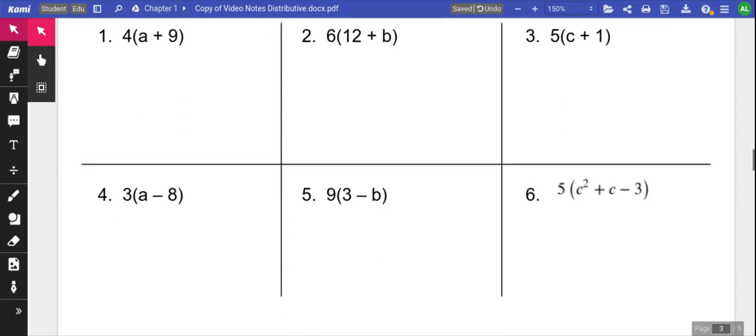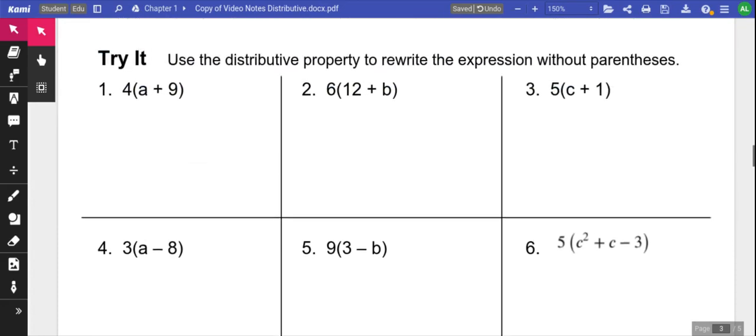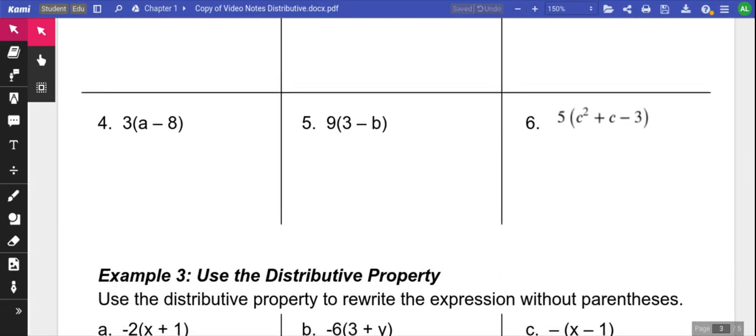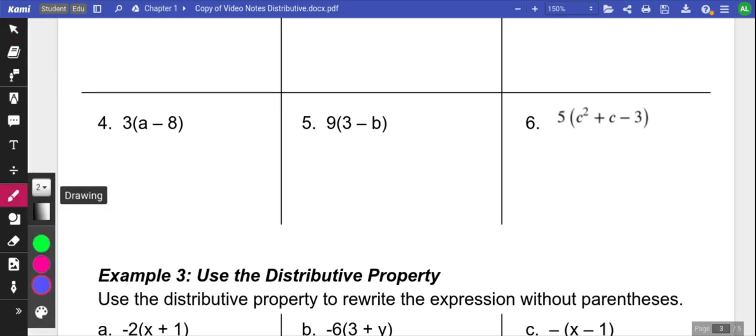And all these try it problems. I am going to do one of these with you, this number 6. So see here in our parentheses, we've got 1, 2, 3 terms inside the parentheses. The rule with the distributive property is we have to distribute what's outside of the parentheses to every single term on the inside. So it's the same process. We've got 5 times c squared.